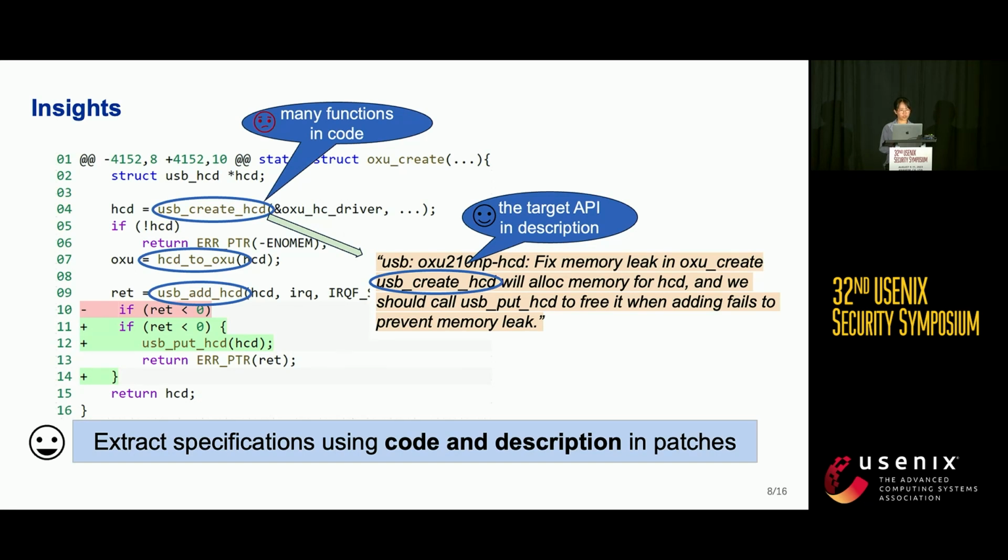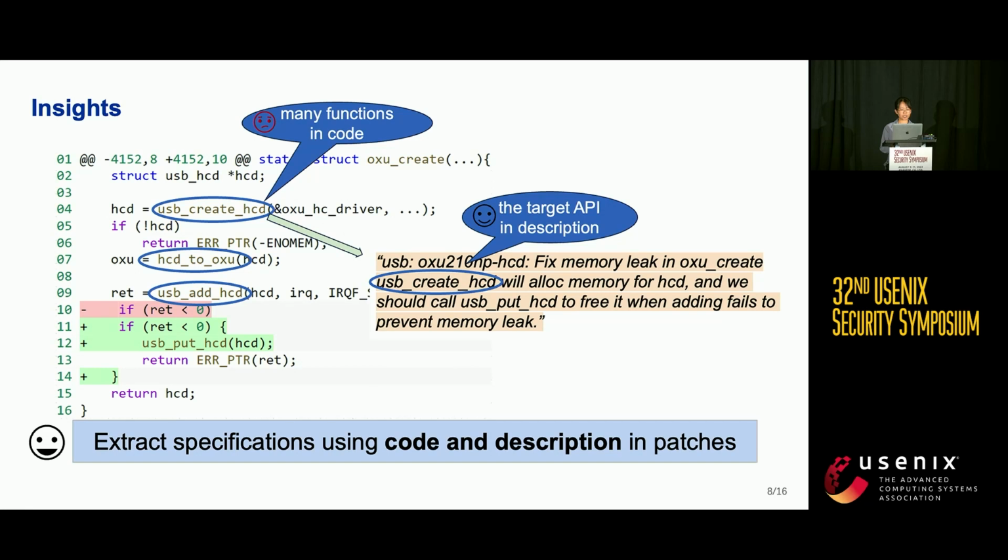Specifically, we focus on the 4 key elements. It's clear that the target API is contained in the patch code. However, there are also many other functions. This brings us a question: which one is the target API? Ideally, if we understand the behavior of all these functions, identifying the target API would be straightforward. However, understanding these functions could be quite challenging.